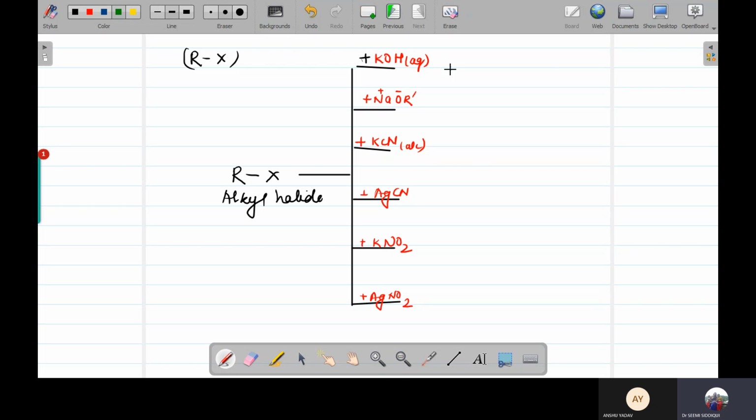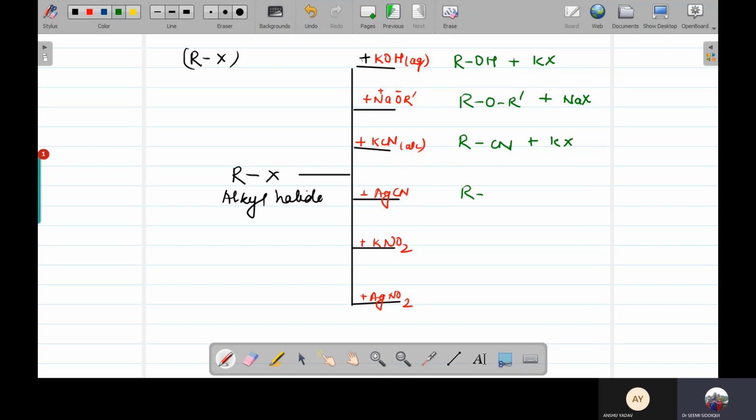In the case of aqueous KOH, you are going to have the alcohol plus a halogen will come. In the case of NaOR, you are going to prepare the ether plus sodium halide. In the case of KCN, it will be RCN, means you are forming an alkyl cyanide.